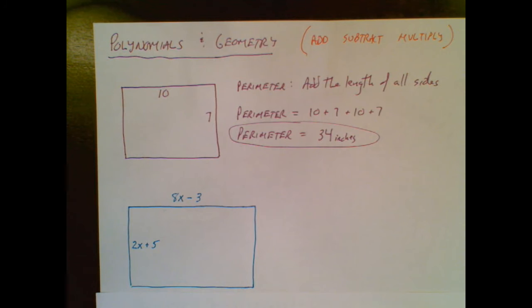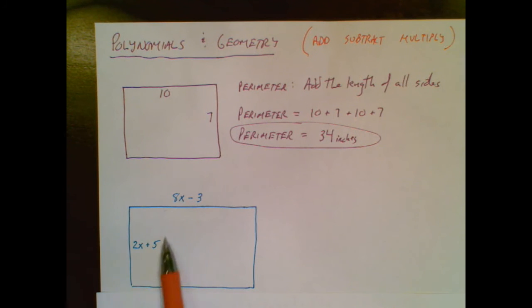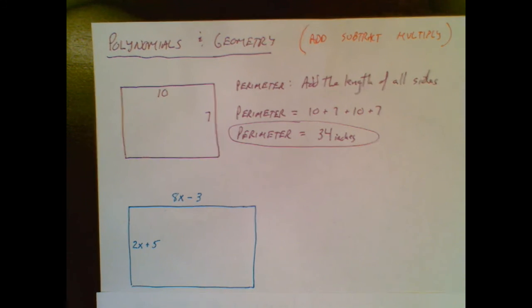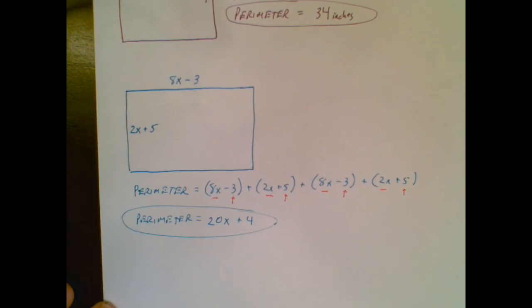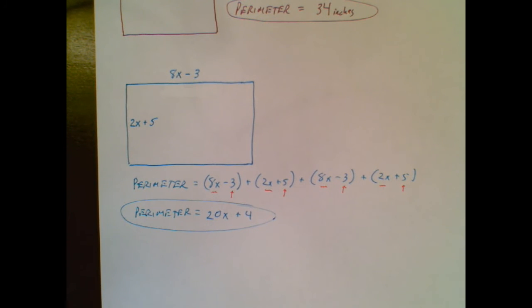That's totally fine. So now if I'm going to find the perimeter of this rectangle down here, I'm just going to add up all the sides. It's going to look messier, but it's still the same. Side plus side plus side plus side. There's a lot more to deal with though. I've put a little squiggly under all the like terms that have an x variable, and all of those would add up to 20x.